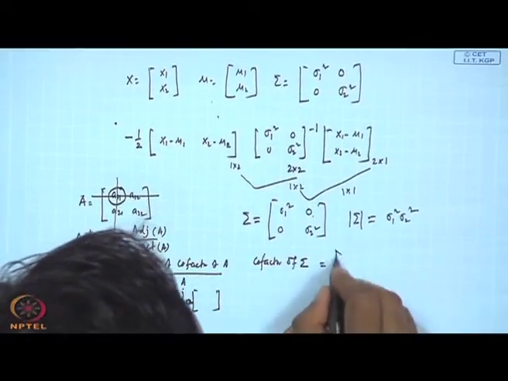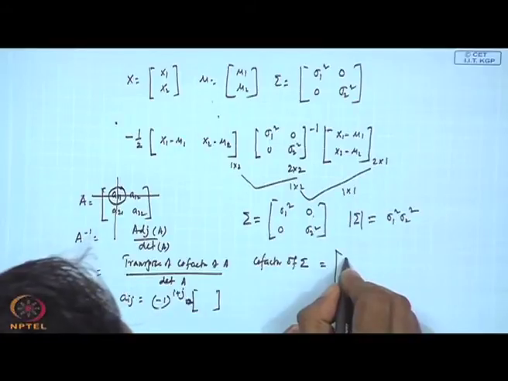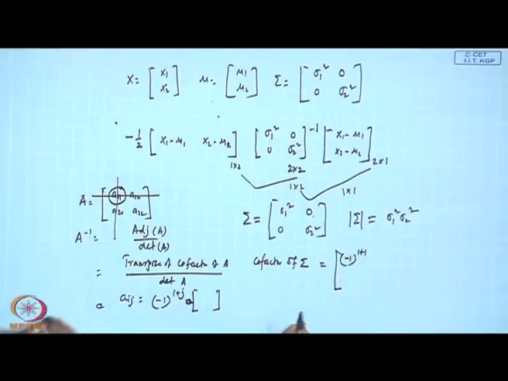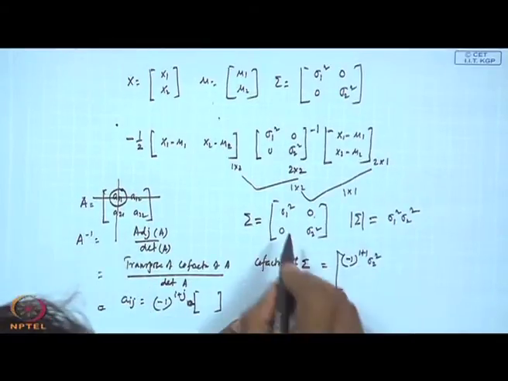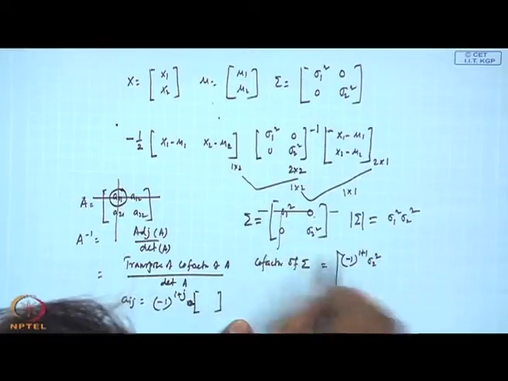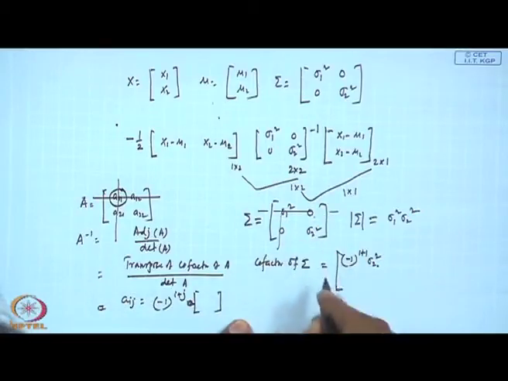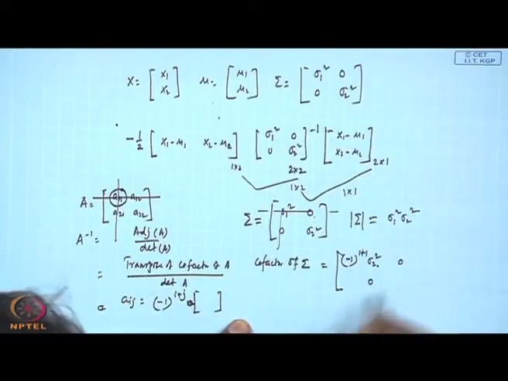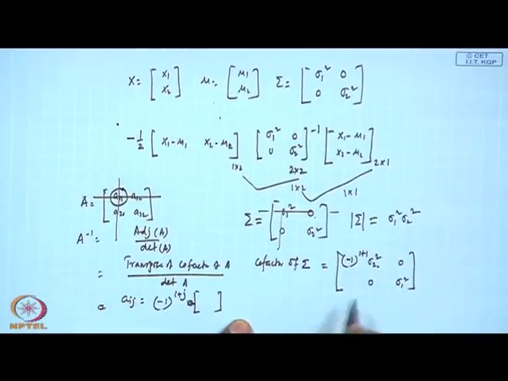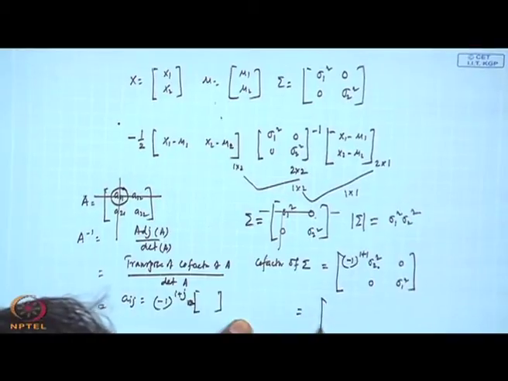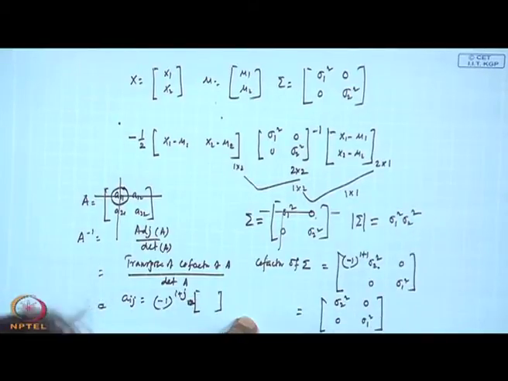Then the cofactor of this we can write: first, minus 1 to the power 1 plus 1. Then what is remaining here, suppose you cross this and this, sigma 2 square will be there, and this is 0, this is also 0, and sigma 1 square will be this. So our cofactor is sigma 2 square, 0, 0, sigma 1 square.